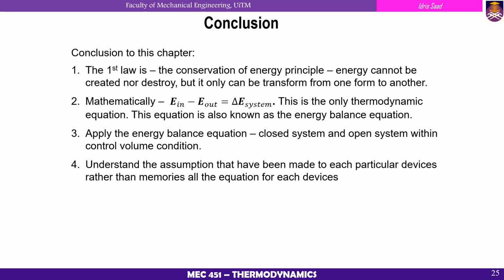The second point is, based on the principle, we can write it mathematically as energy in minus energy out is equal to the change of energy of the system. Please note that this is the only thermodynamic equation. This equation is also known as the energy balance equation.